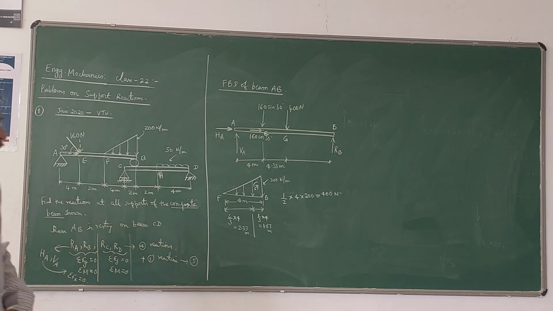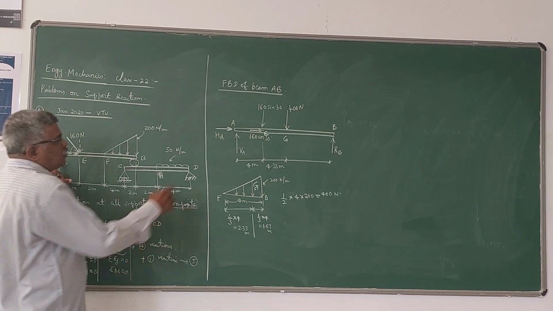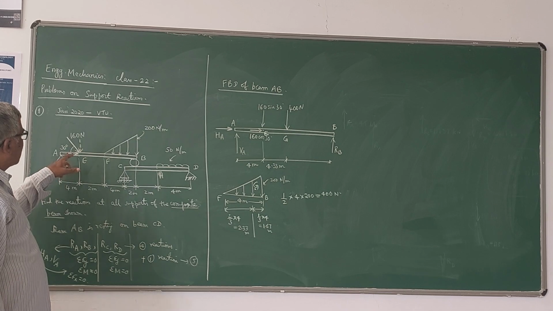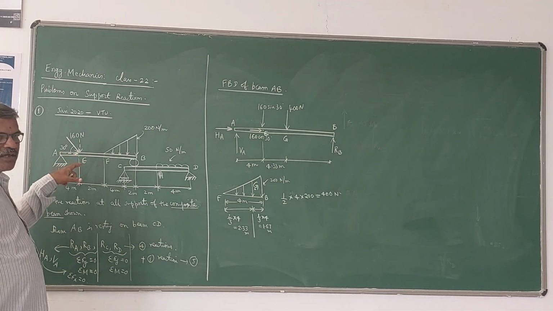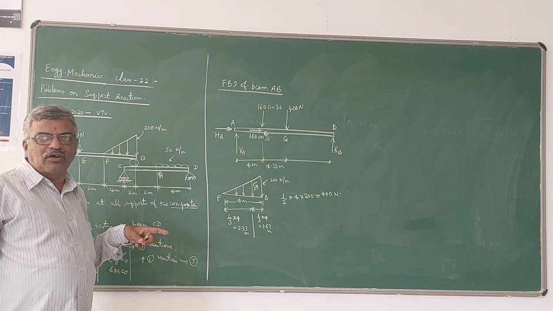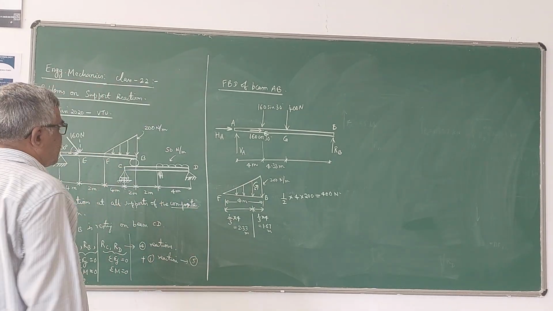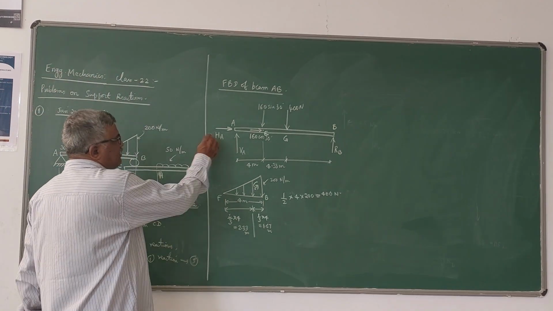So what I have done here is I have replaced this hinge support by two reactions, HA and VA. I have taken HA because there is an inclined load here which has a horizontal component, and that horizontal component of the force is assisted by the horizontal reaction. Therefore, HA will be there.